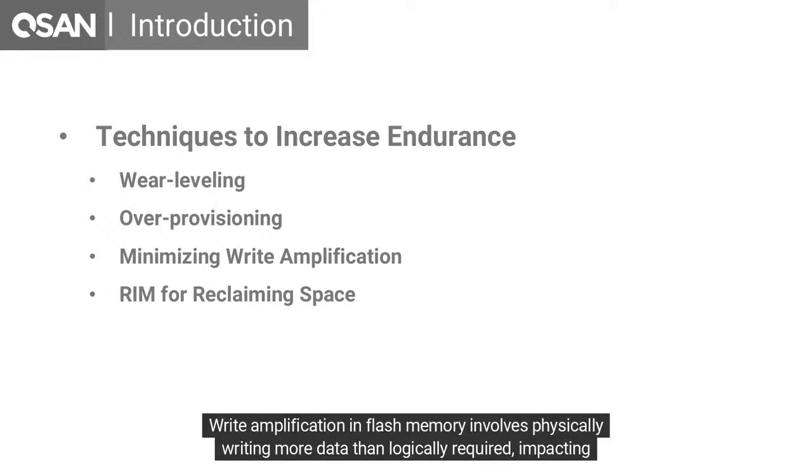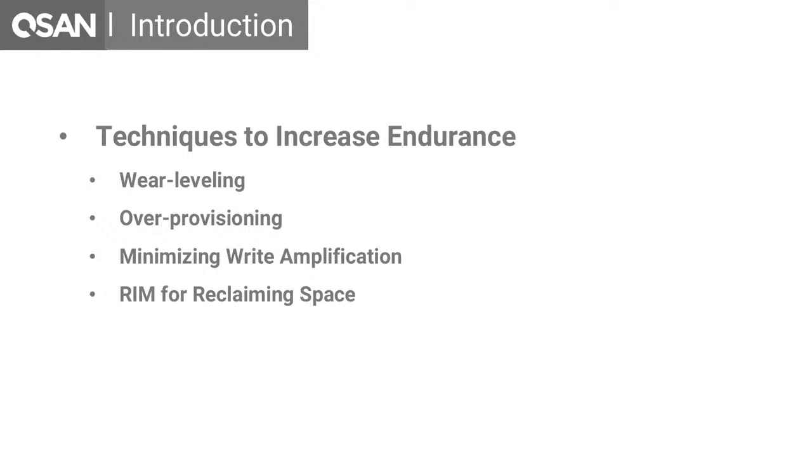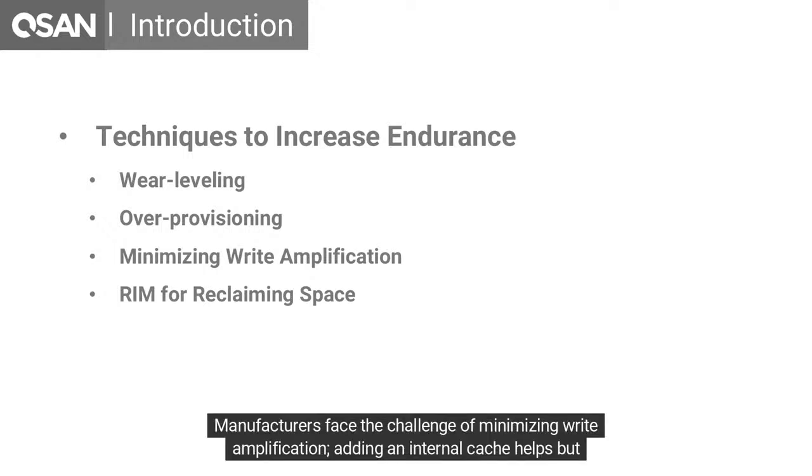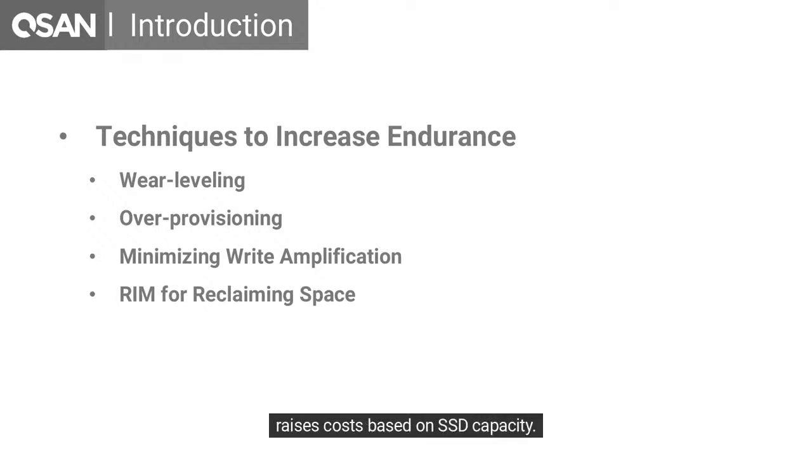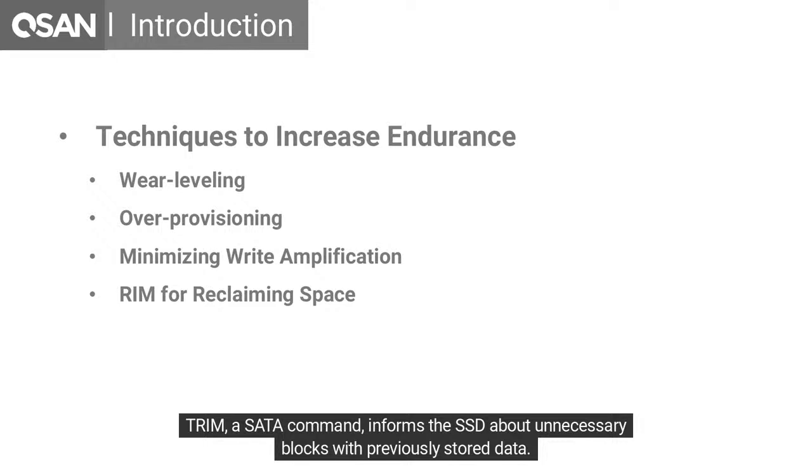Write amplification in flash memory involves physically writing more data than logically required, impacting SSD reliability. Manufacturers face the challenge of minimizing write amplification. Adding an internal cache helps, but raises costs based on SSD capacity. TRIM, a SATA command, informs the SSD about unnecessary blocks with previously stored data.